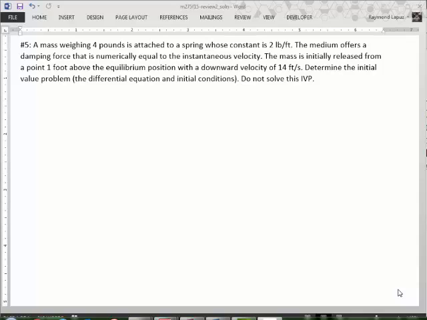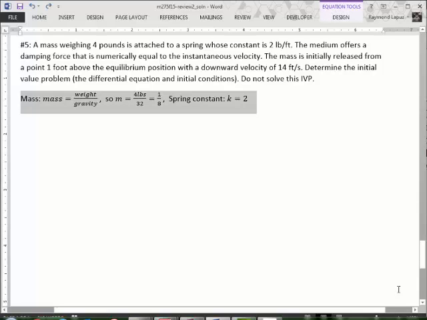So first we need to find the initial value problem, and it says don't solve for the IVP, but I think we're going to solve for it. It's easy enough to solve for. Alright, so what's our equation going to look like? Well, first we need to figure out some important constants here. Some of the important constants would be the mass and the spring constant.